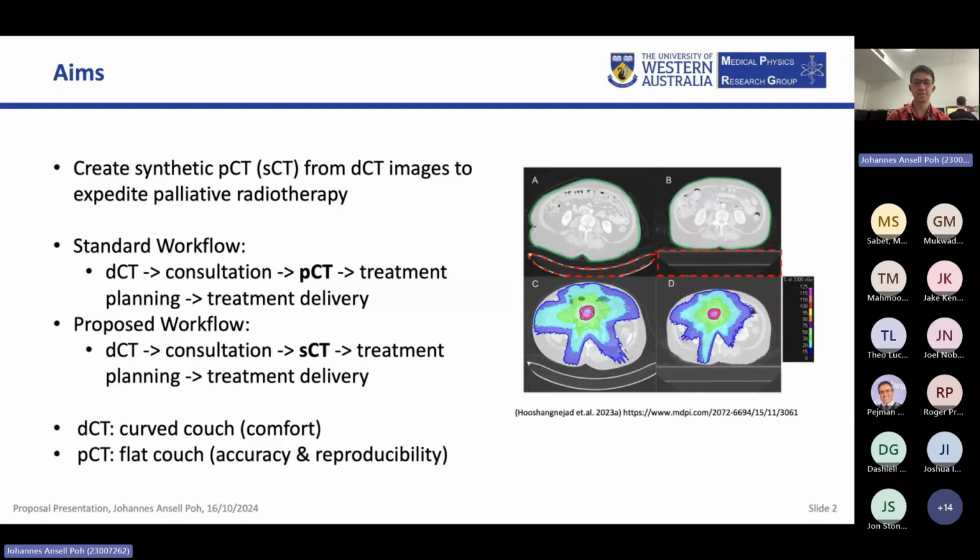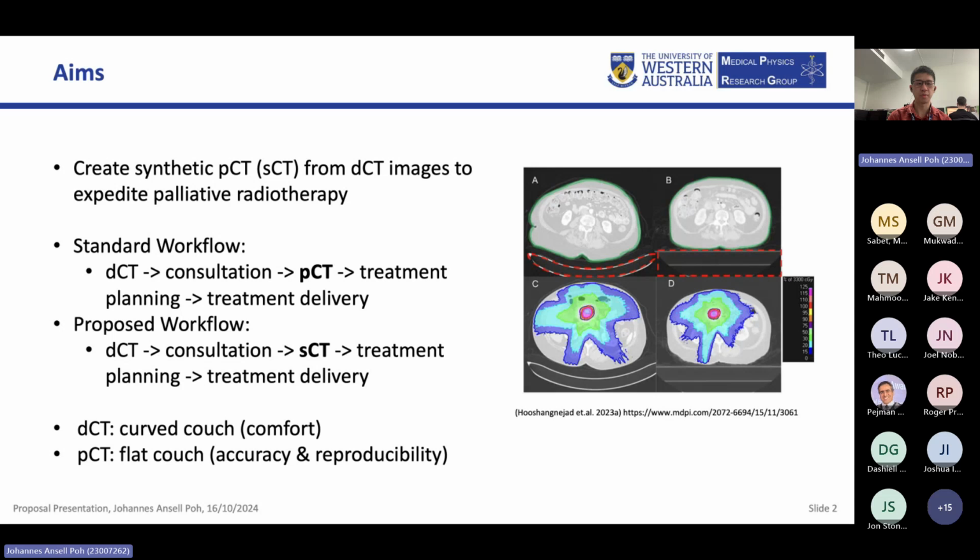Then they go home. If they need to undergo radiotherapy, they go back for a planning CT. Then they go back home, wait for the treatment planning to be done based on the planning CT images. Then they go back to the hospital for a treatment delivery. So this is not very convenient for the patient because they have to go back and forth to the hospital.